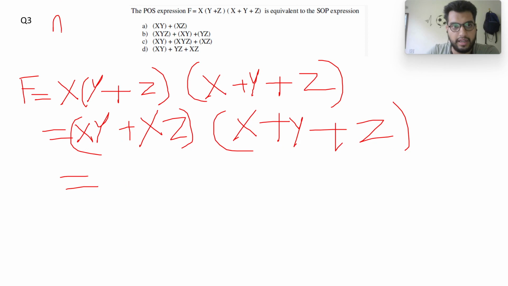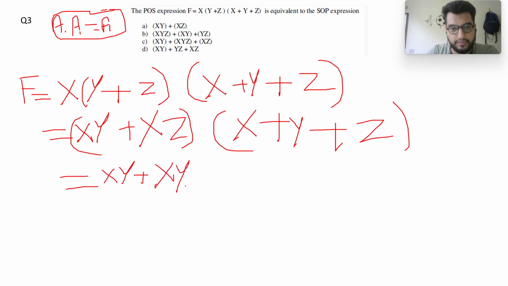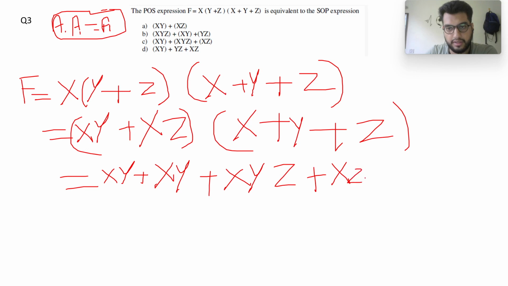You know that a times a is always equal to a. So xy times x is xy, xy times y is xy, then it's xyz, then xz times x is xz, xz times y is xyz, and finally we have xz.